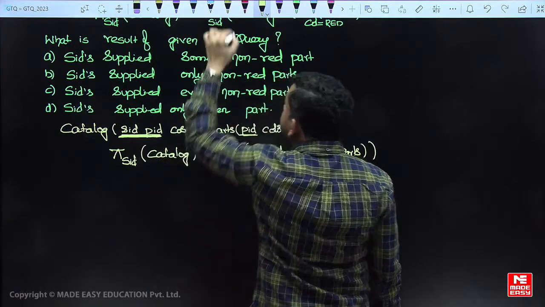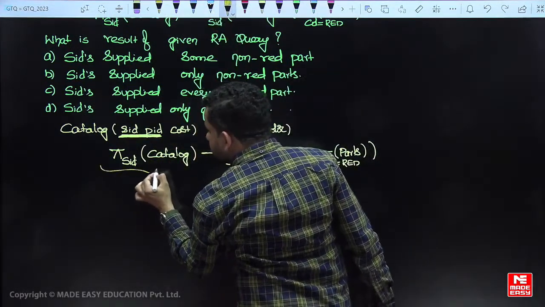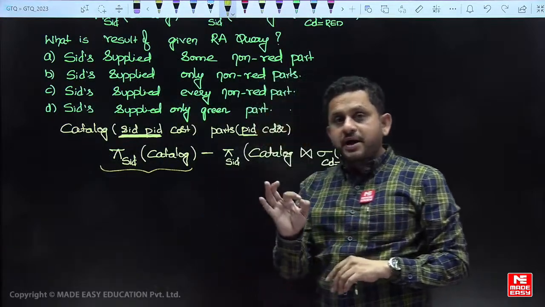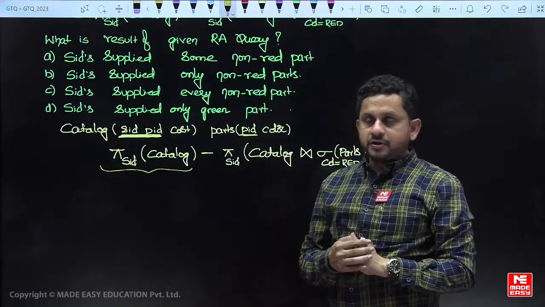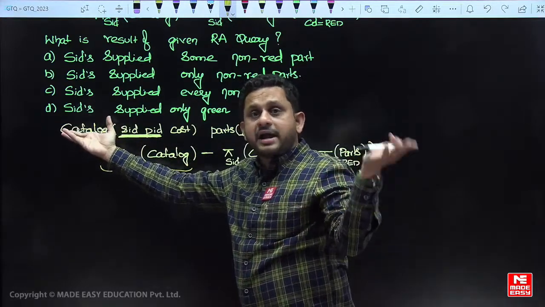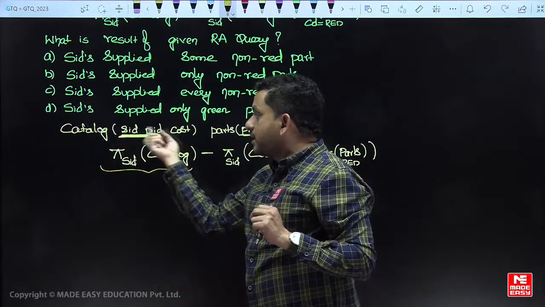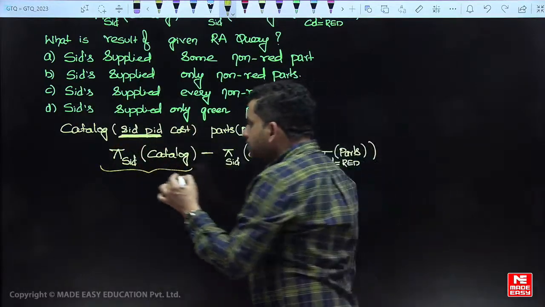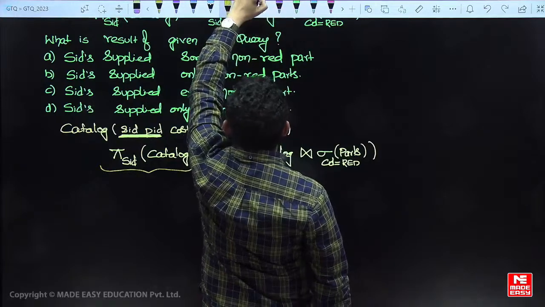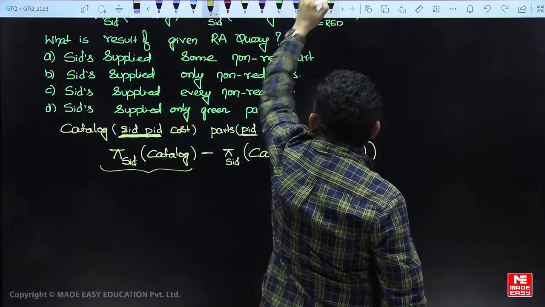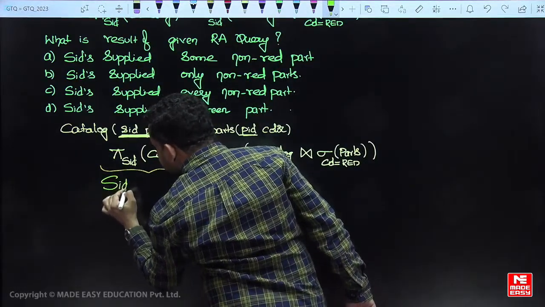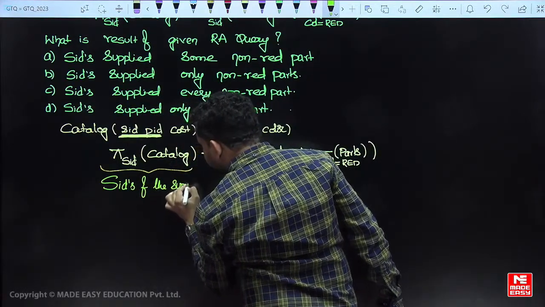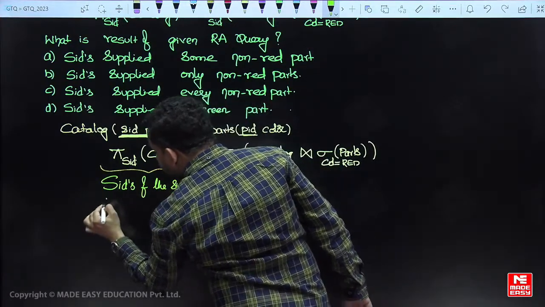Because of this, the catalog SIDs are the supplier IDs of suppliers who supplied at least one part. A supplier who has not supplied any part is not entered into the catalog table, because SID and part ID combined are the key. So every supplier in the catalog table has supplied at least one part. Logically, these are the SIDs of the suppliers who supplied at least one part.